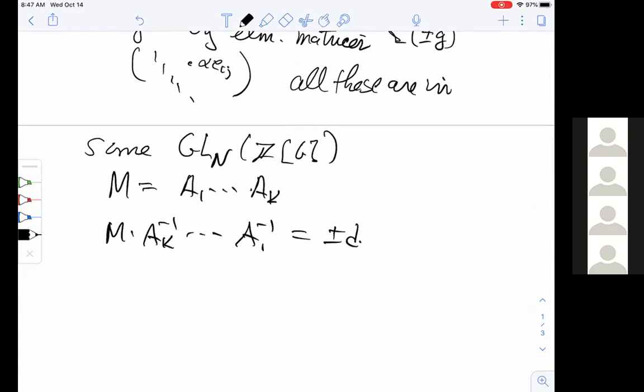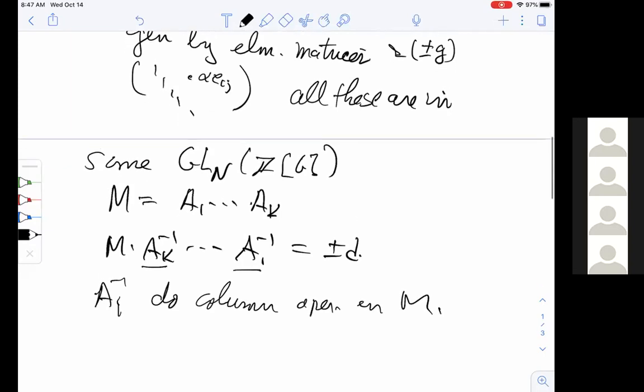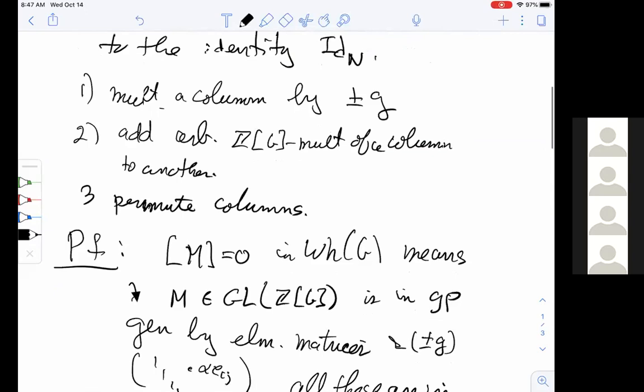So you can act on M by these elementary matrices and the 1-by-1 matrix plus minus G and get it down to the identity. These elementary matrices just do column operations. The Ai inverse do column operations on M. Okay, so that's the proof.